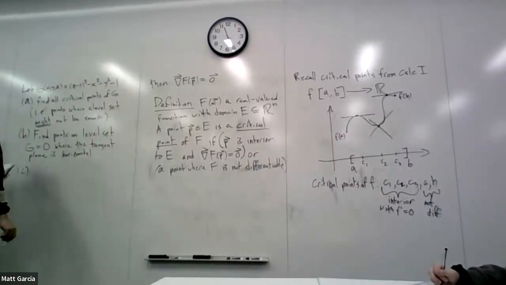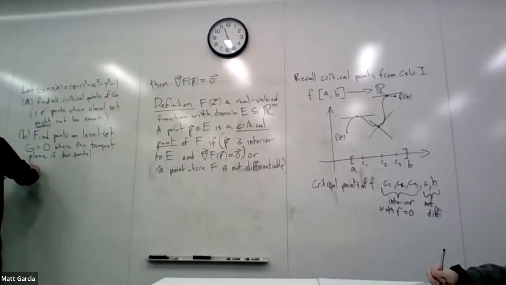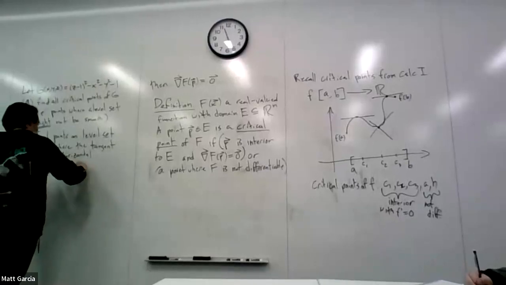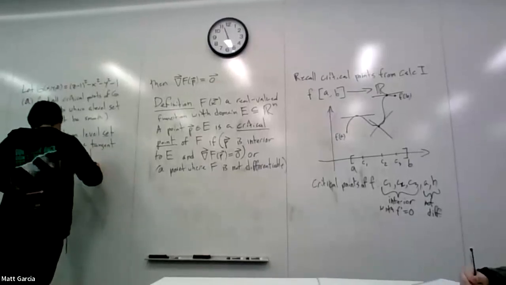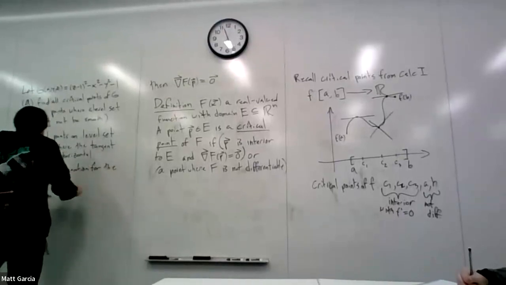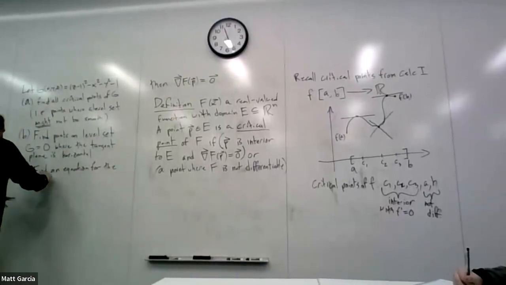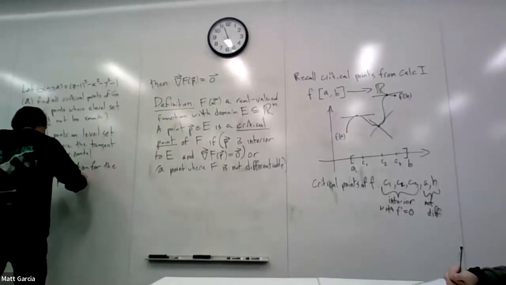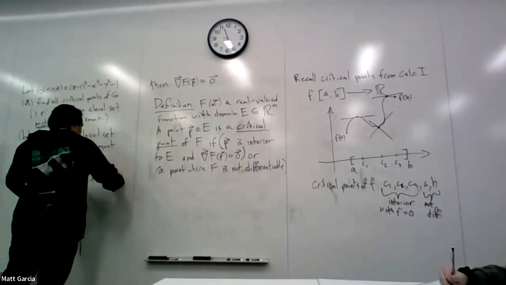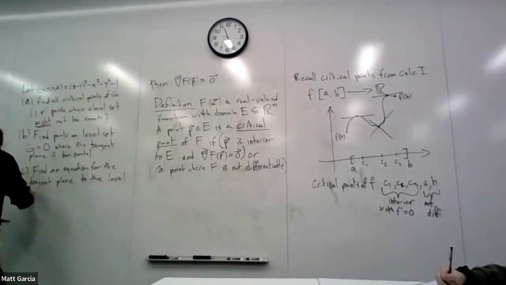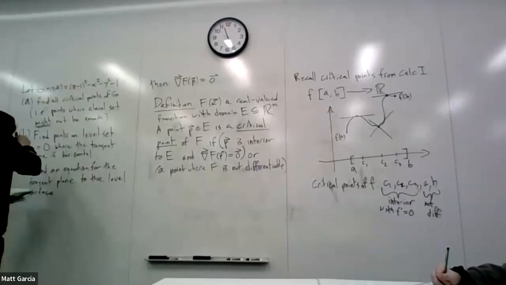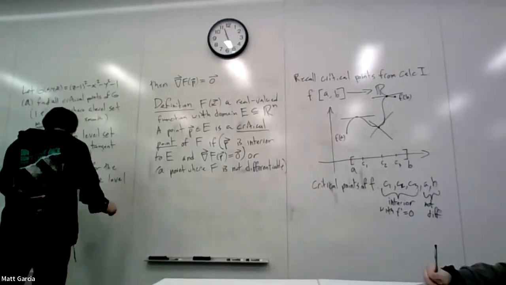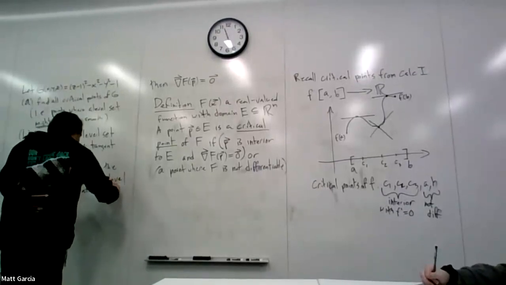And thirdly, I'll ask you to find an equation for the tangent plane to the level surface of g at the point 3, 4, 6.